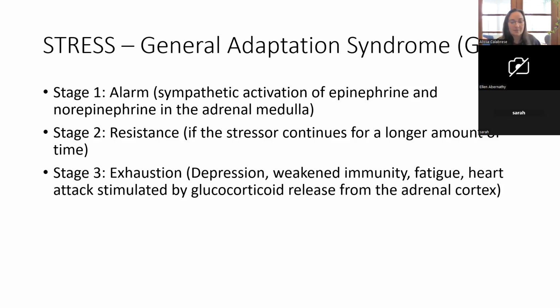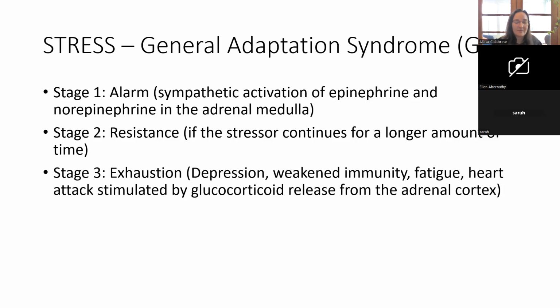So that you're aware of the danger and you're going to protect yourself from that, whether it be an actual physical danger or a perceived mental danger. After a while, if the situation hasn't resolved, then you move into the resistance phase.